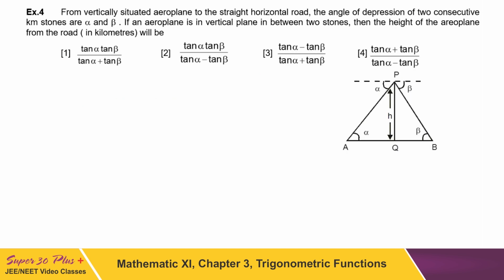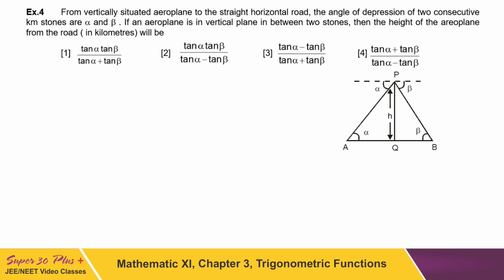Now let's see example number 4. From a vertically situated aeroplane to the straight horizontal road, the angles of depression of two consecutive kilometer stones are alpha and beta. If the aeroplane is in the vertical plane in between two stones, then the height of the aeroplane from the road will be.